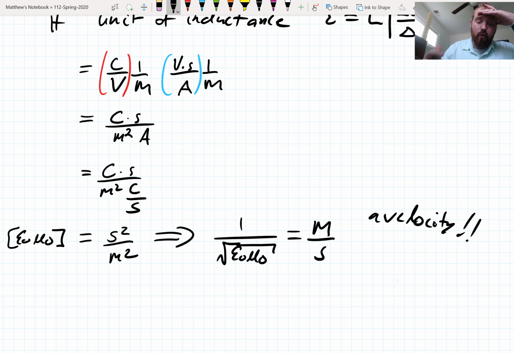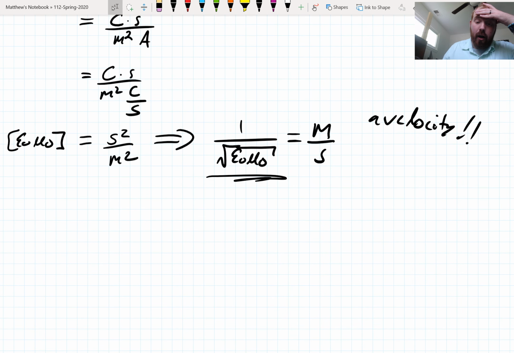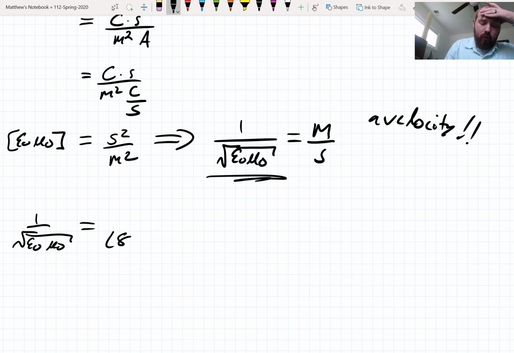Well, these are constants. Let's calculate what this is equal to. 1 over square root epsilon naught mu naught. Let's plug in the values. 8.854 times 10 to the minus 12th farads per meter. Never forget your units.